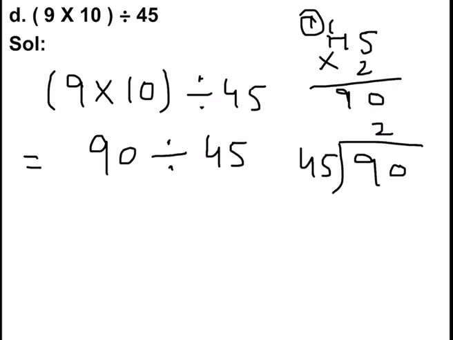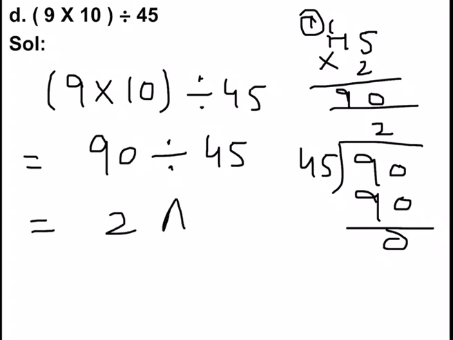So 45 multiplied by 2 is equal to 90. And the remainder is 0. So student, the answer of part D is 2. Understand, student?